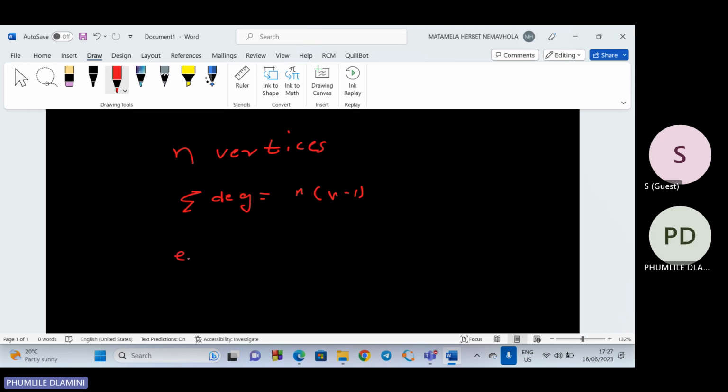When you want to find the edges, this is the formula that you can use: n times (n minus 1), divided by what? Divided by 2.